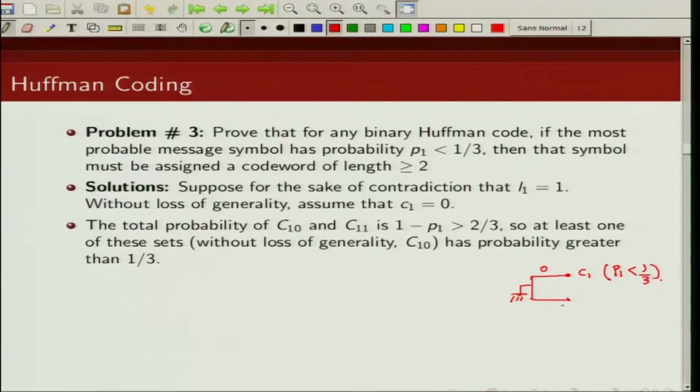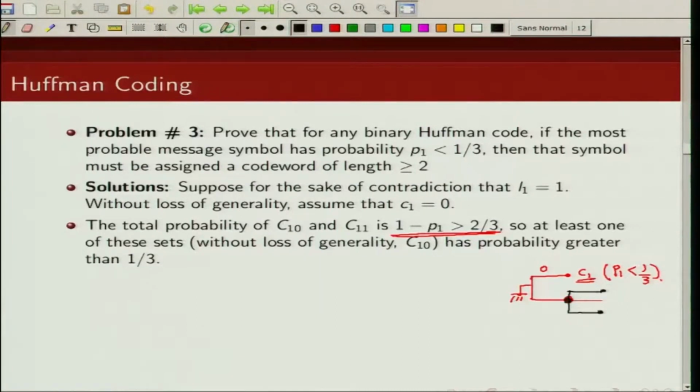Then if you look at the probability of this other node, if this has probability less than 1/3, then this particular node has probability greater than 2 by 3. And how was this node formed? This node must have been formed by combining some other nodes.